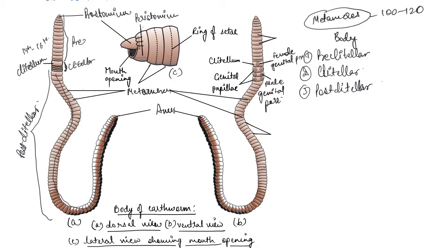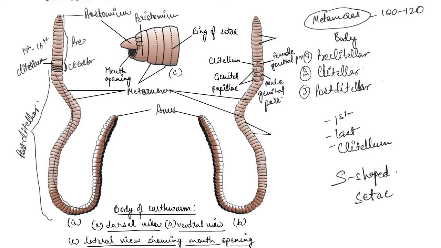So now, guys, each segment of the earthworm's body, except the first, last, and the clitellum, has rows of S-shaped setae.